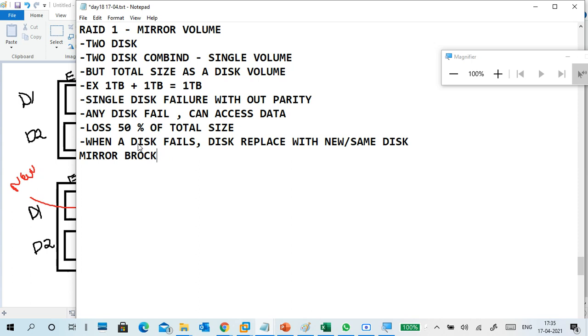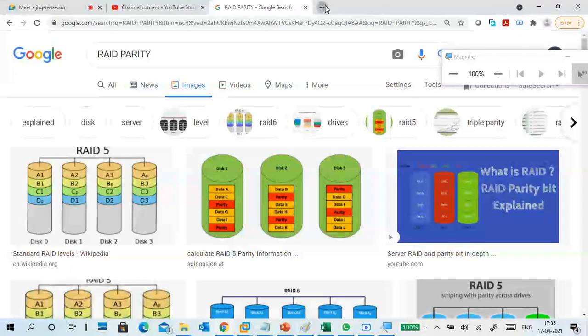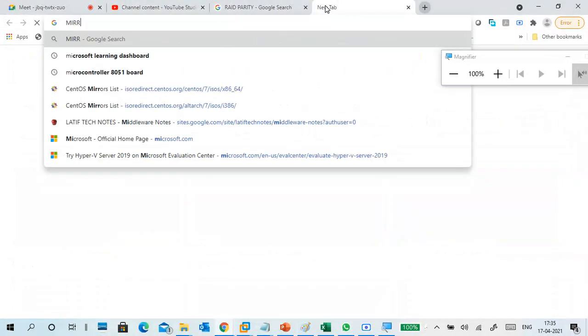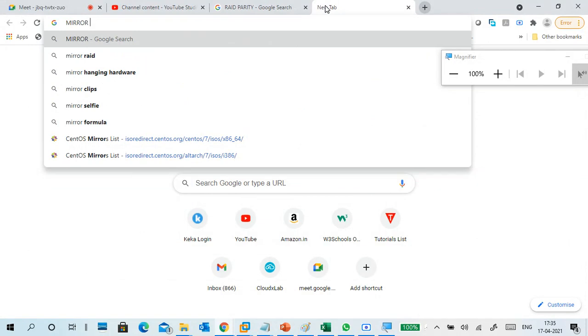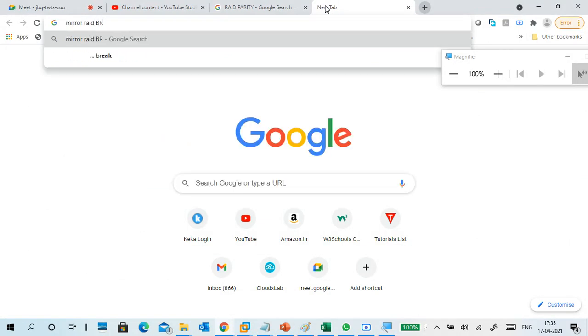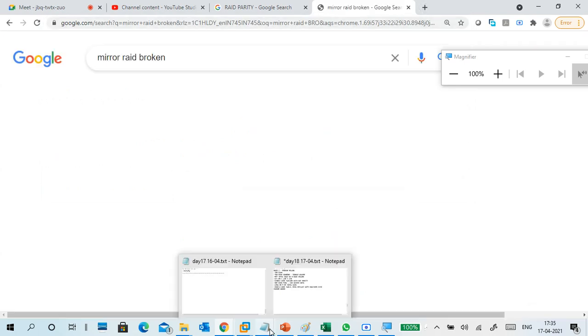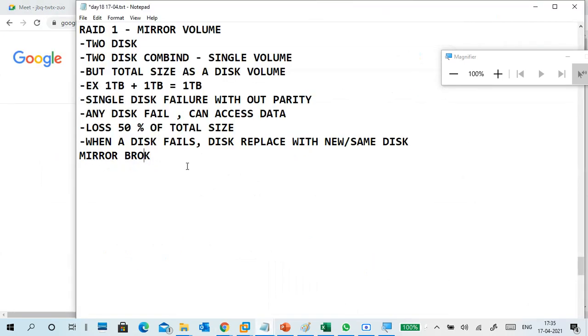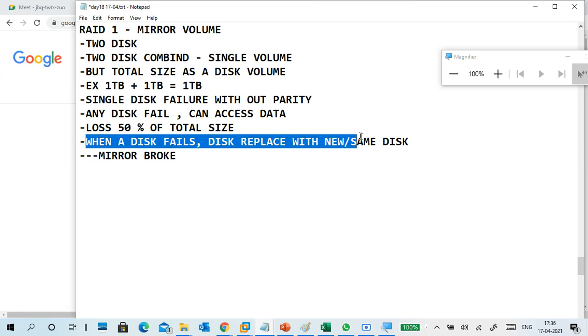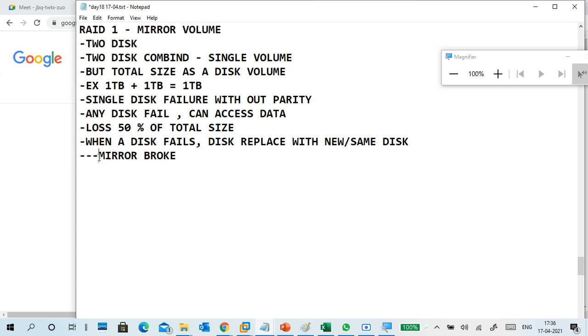Understand, when a disk fails and is replaced with a new disk, what happens? The mirror broke.